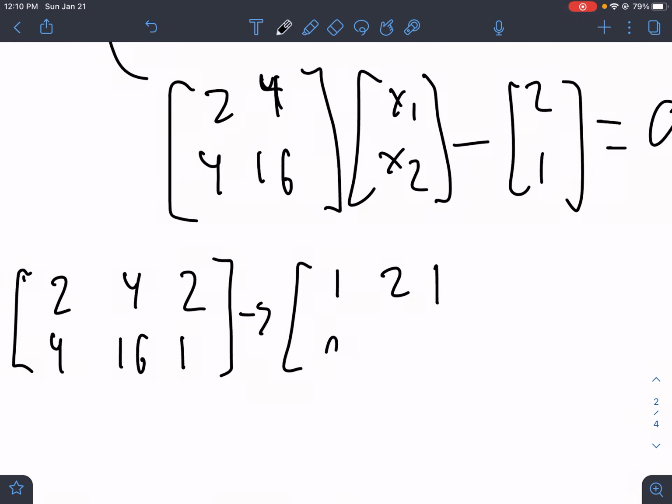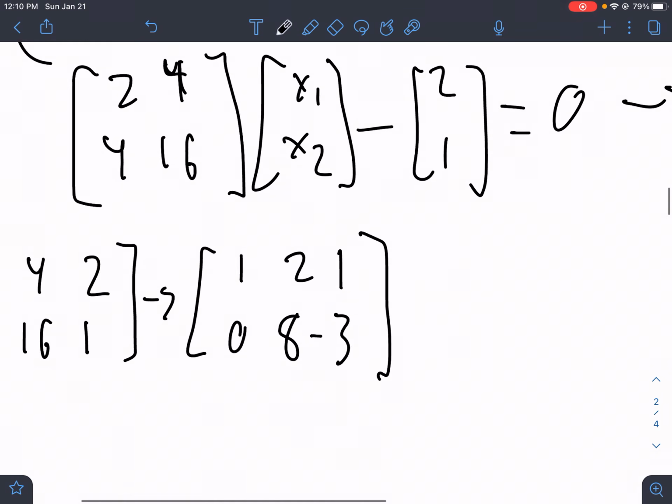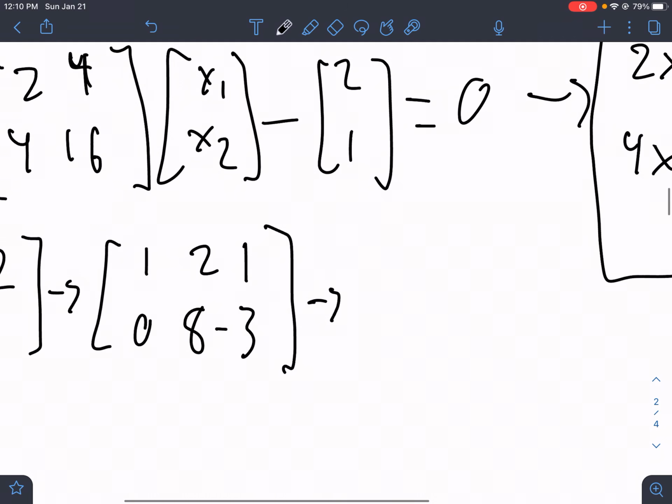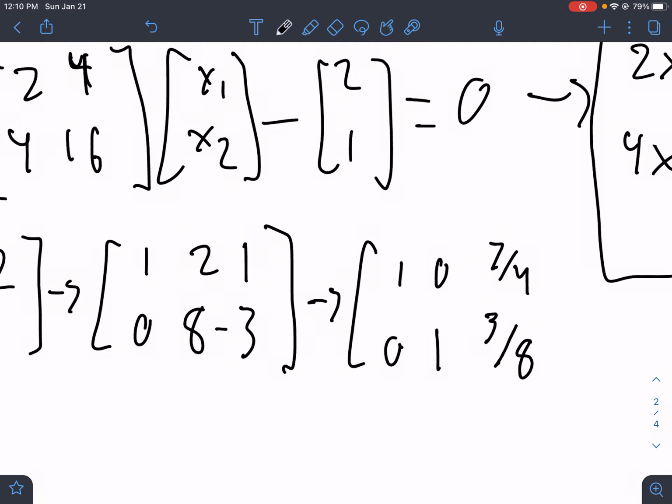1, 2, 1; 0, I think this is 8, and negative 3, which if we reduce these, gives 1, 0, 7 over 4; 0, 1, negative 3 over 8.